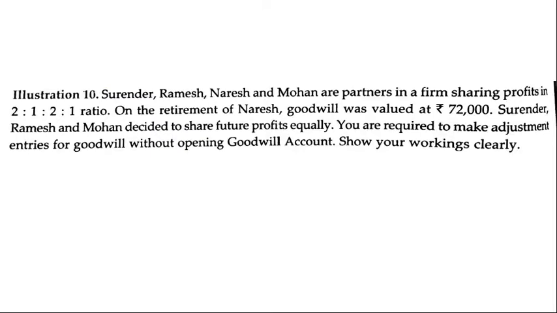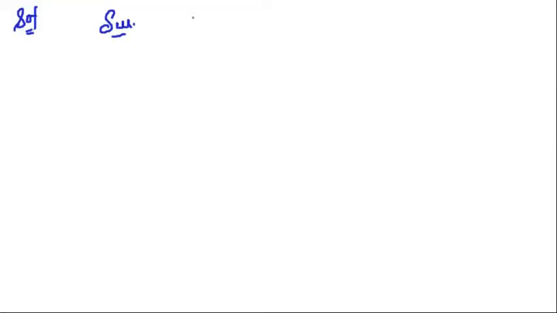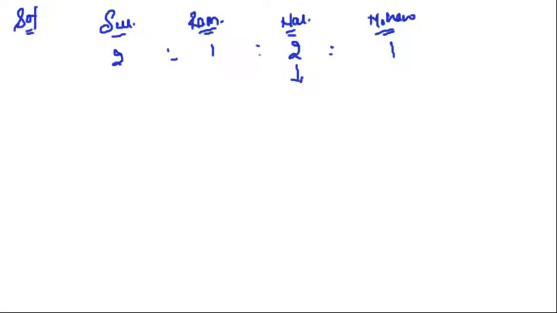There are 4 partners: Surinder, Ramesh, Naresh and Mohan. Their old profit sharing ratio is 2:1:2:1. Clear? Out of this, Naresh retires.